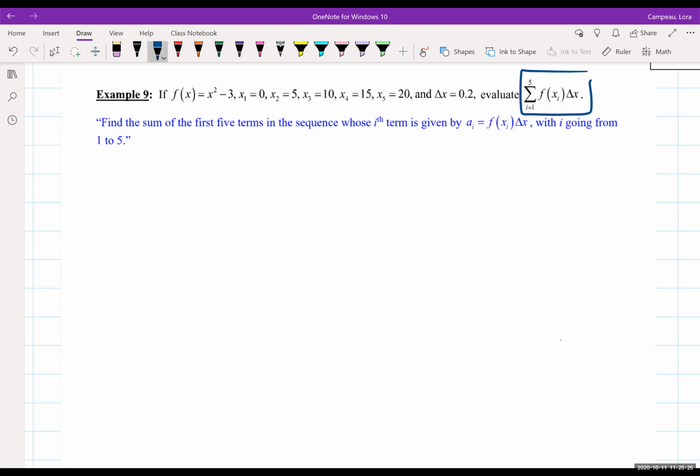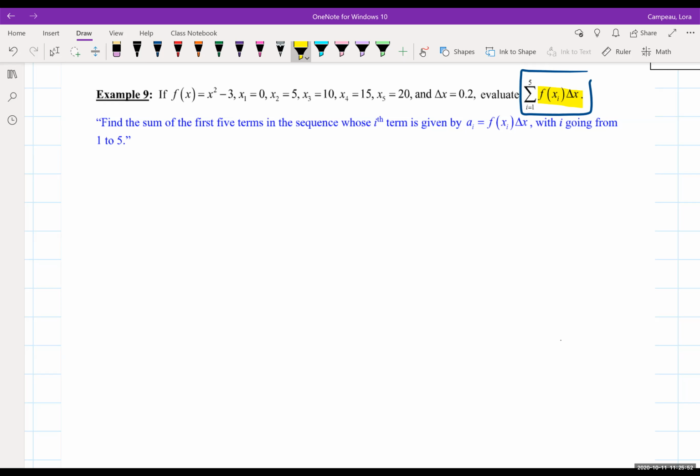And we've been actually doing this, but this notation f of x sub i multiplied by delta x becomes very popular. You use it a lot when you're dealing with Calc 1, when you're finding areas under curves, so you're approximating. It's very interesting to be able to sum these up by hand. So we're going to practice it that way.